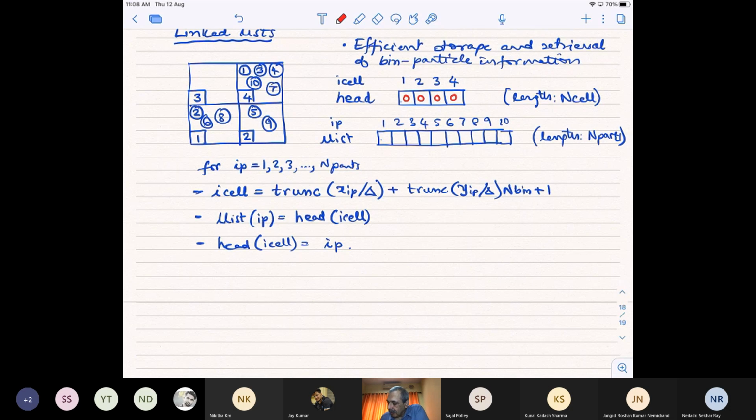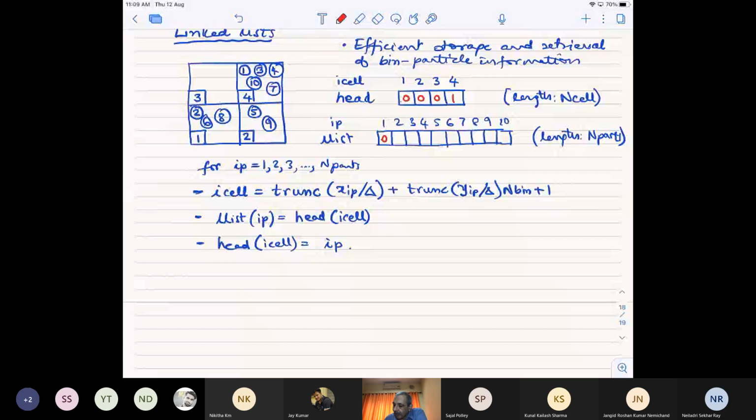Particle 1 is in I cell 4. So head of 4 is 0, and that is equal to L list of 1. You move this from 4 to 1, and now head of 4 must be equal to IP. So instead of 0, I'm going to put 1.